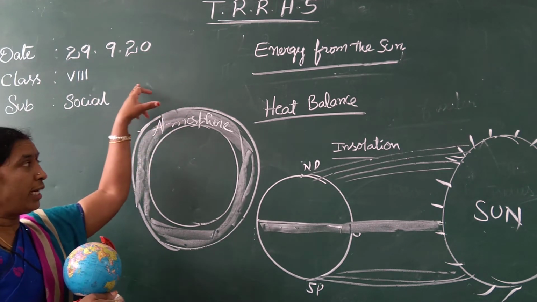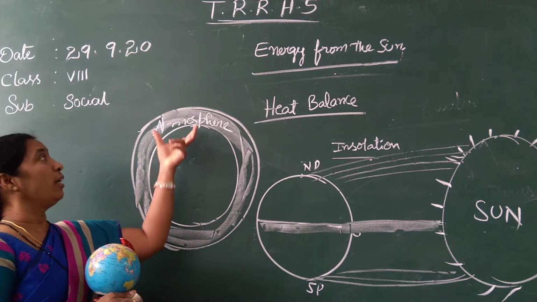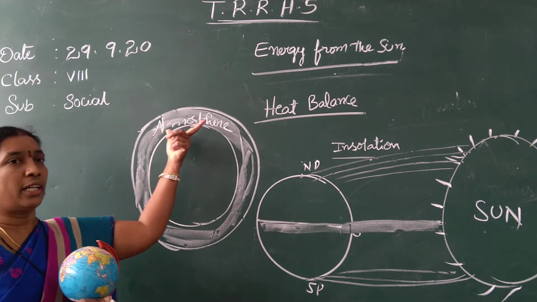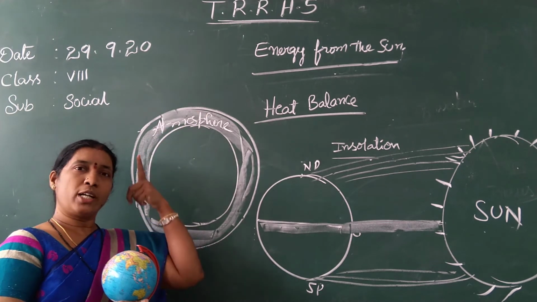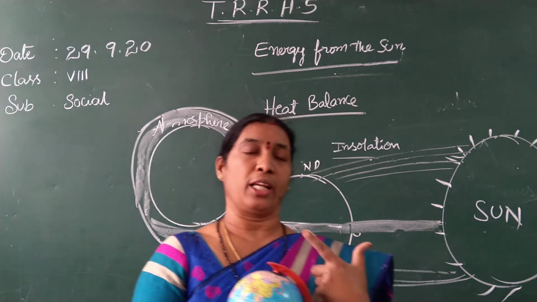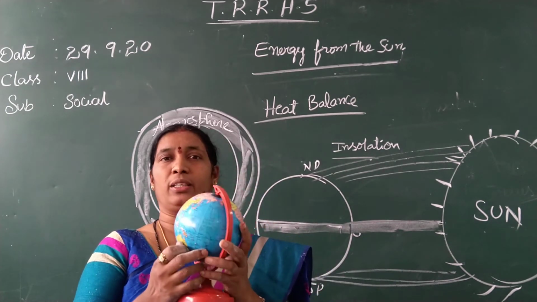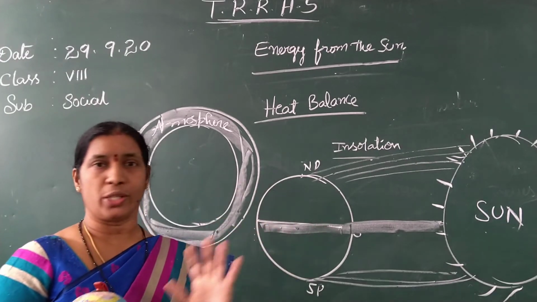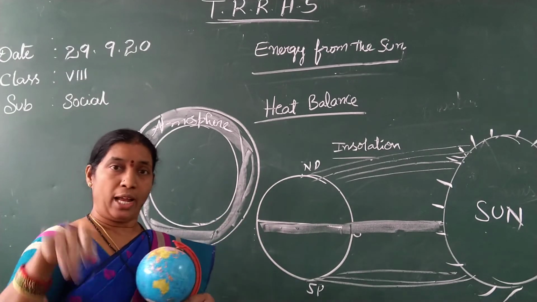They cannot directly reach the earth. The atmosphere layer is protecting us, isn't it? But nowadays, what humans are doing, with reckless exploitation of the earth, we are making a lot of pollution on the earth.